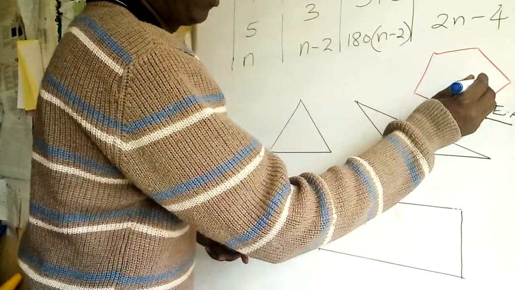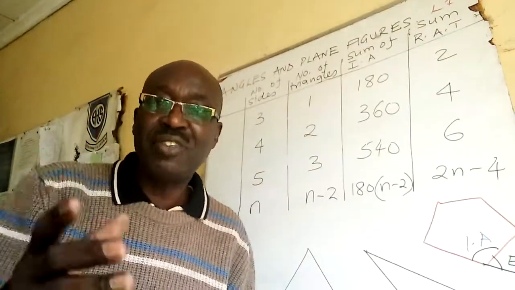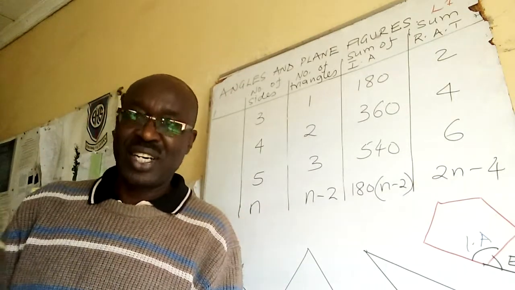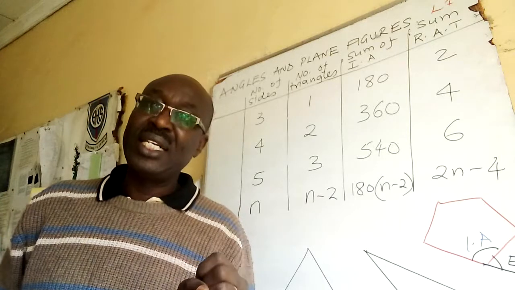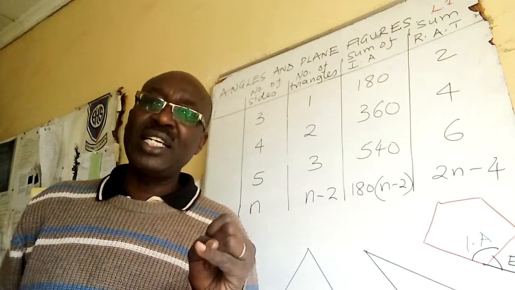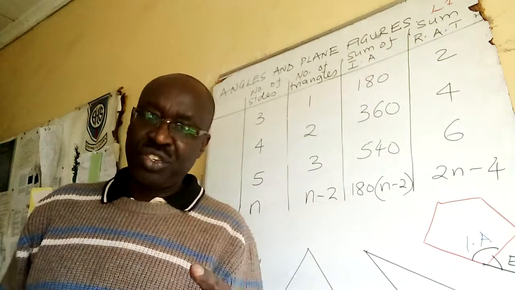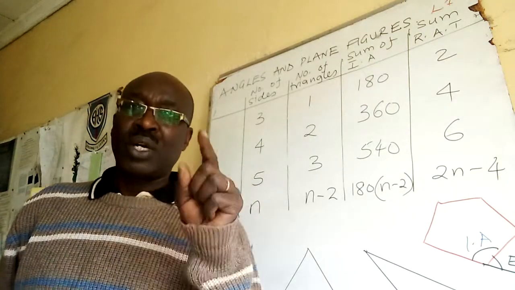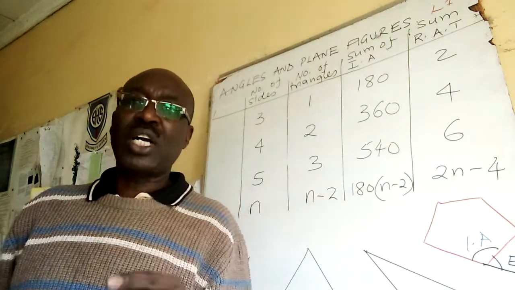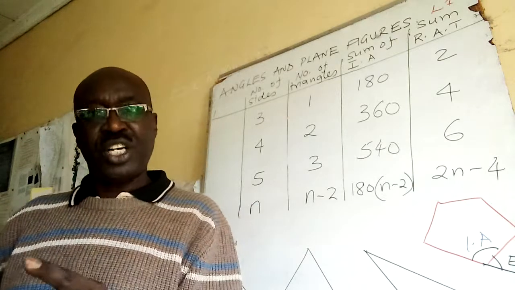So, number 1, a polygon is a figure made up of at least 3 straight lines. Number 2, in that polygon, we can identify interior and exterior angles.